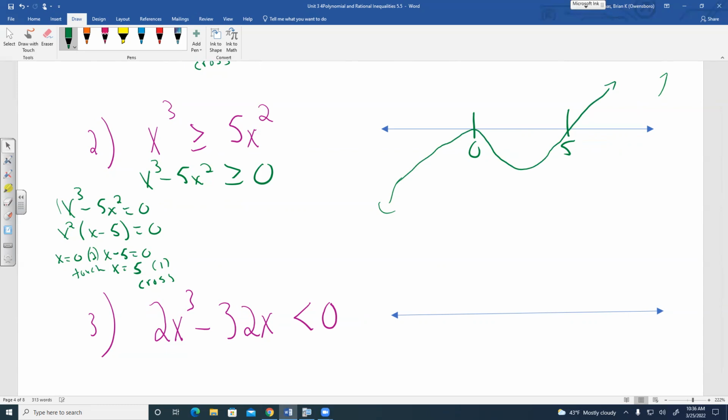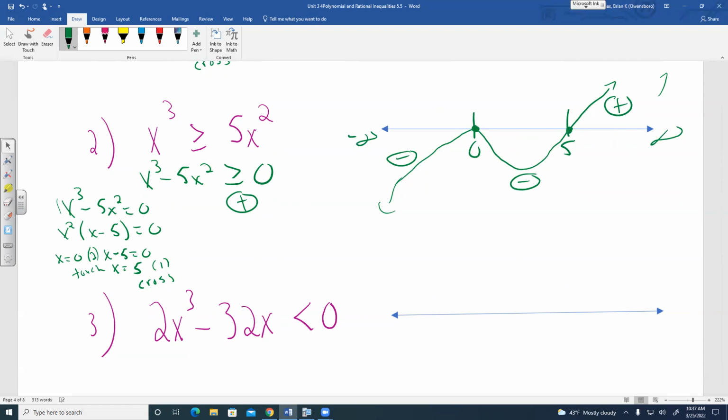So from there, we have to pick up on the fact that since this is greater than or equal to, these values are going to be part of my answer. That's going to be closed. And greater than means we're looking for where it's positive. So notice that if it's below, that's negative. It's still negative here. But notice how once you go right of 5, it's positive. So what I see is, again, there's negative infinity way over here, and there's infinity over here.